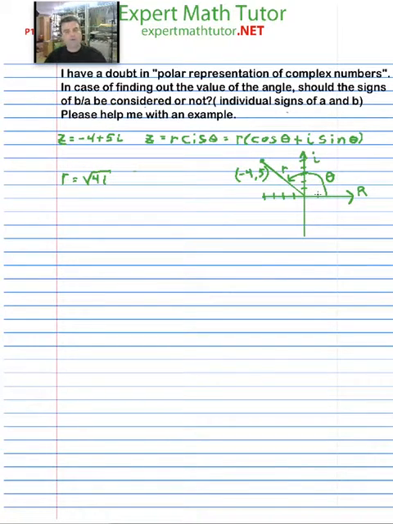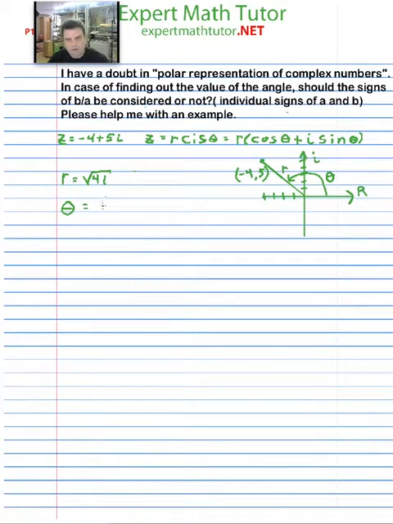Reference angles are always between 0 and 90 degrees, or 0 and pi over 2. And they're always the measure of the angle between the terminal side of the original angle and the x-axis, or in this case, the real axis.